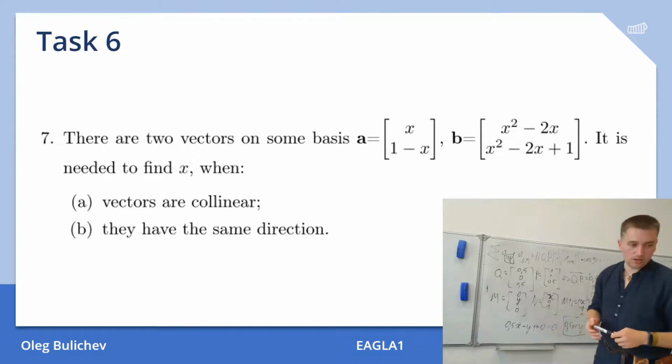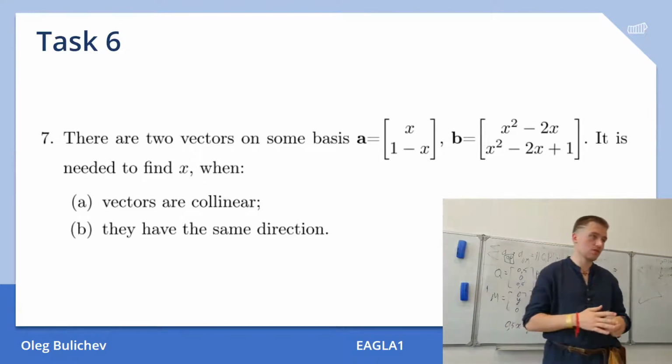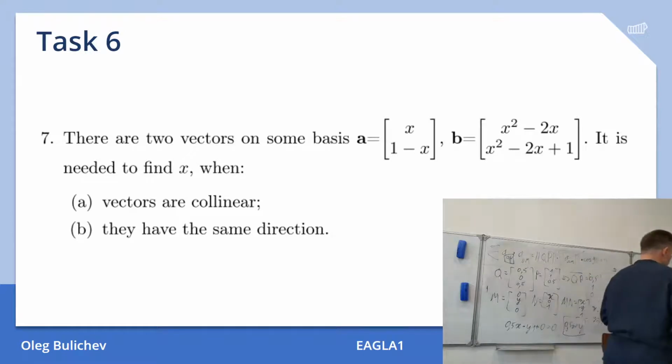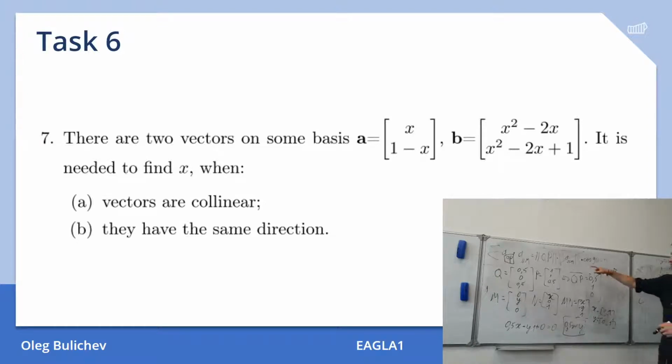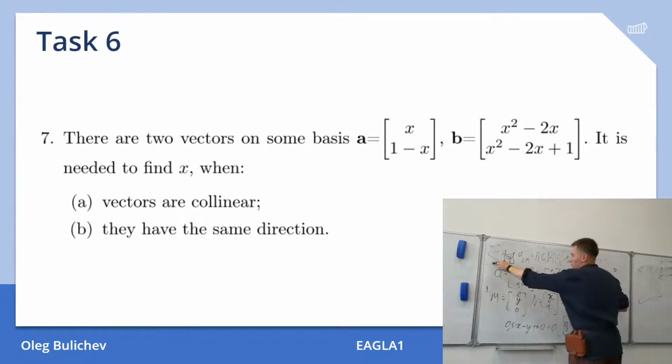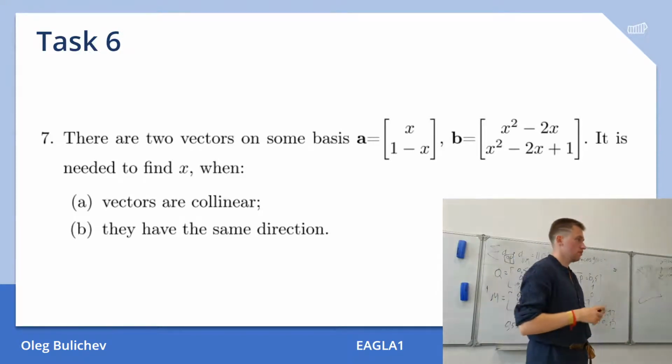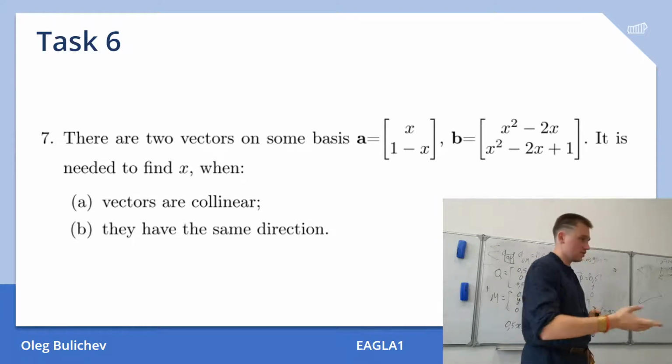If you want to talk about collinear, it can be either one thing or another. Okay, let's think. What can we find from this one? Can we find the length? Yes. And for this one too. Can we write it in coordinate form? Yes, we can. So now try to solve this task on your sheet.